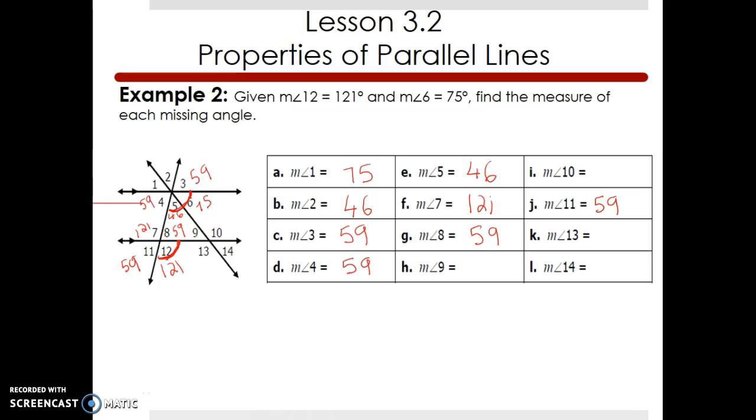So now let's just ignore the first transversal and we'll focus on this line. We know using that angle 1 and angle 9 are going to be the same. So if angle 1 is 75, angle 9 is also going to be 75.